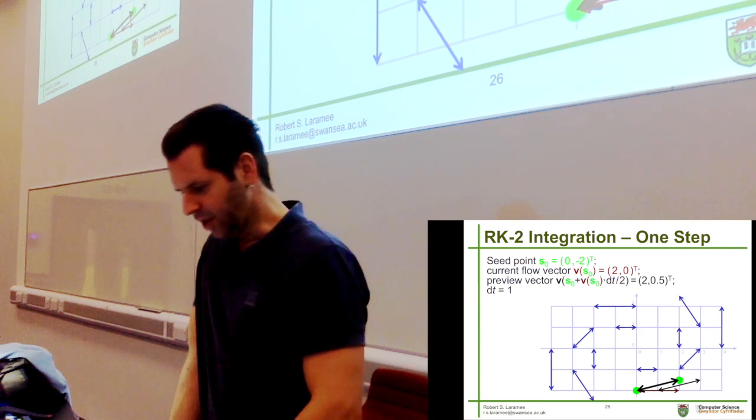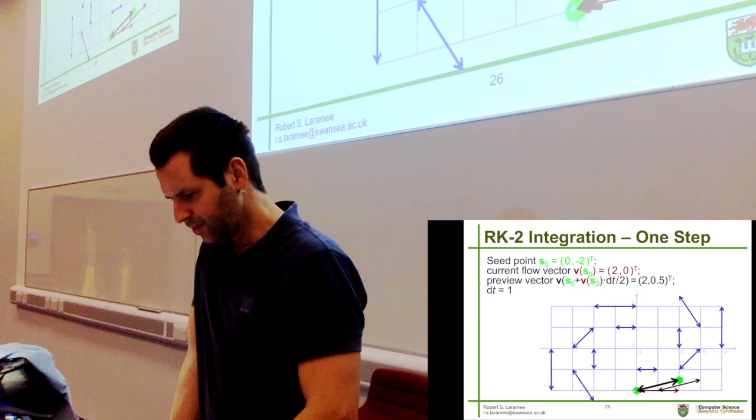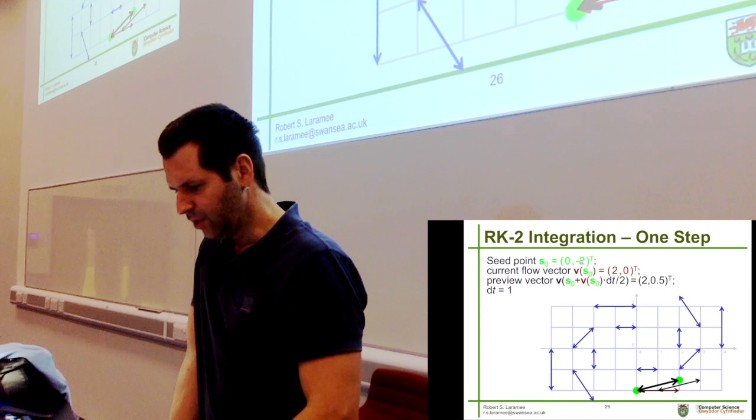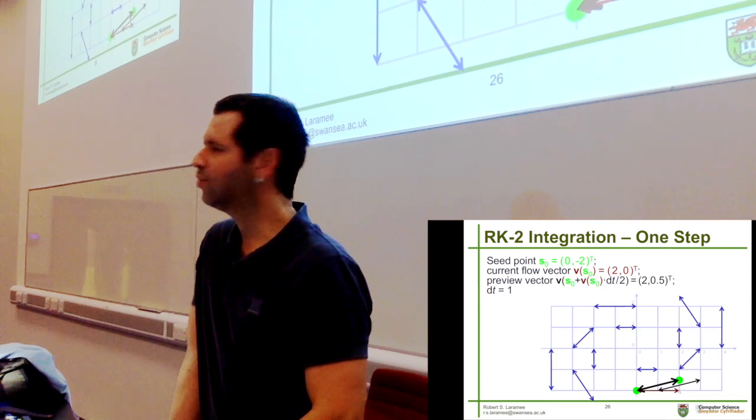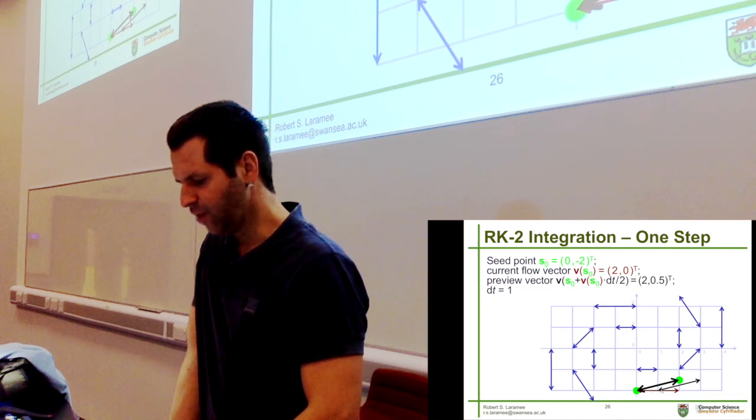So here's what it looks like in action. Here's our seed point. That's 0 minus 2. And if we look at our original formula, the vector there is then 2, 0. So that's that brown arrow, the 2, 0. The preview vector is a vector that's halfway along the first Euler vector.